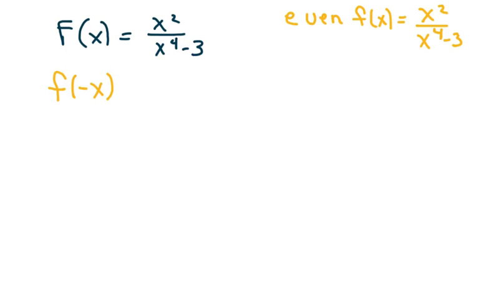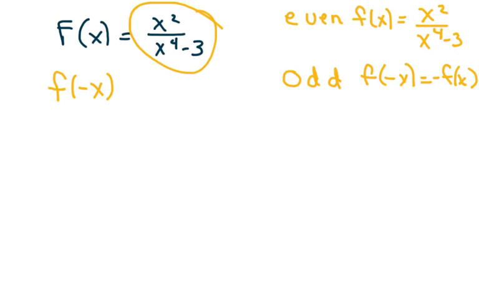However, if it's odd, it means f of negative x equals negative f of x. So you're multiplying x squared over x to the 4th minus 3 by negative 1.